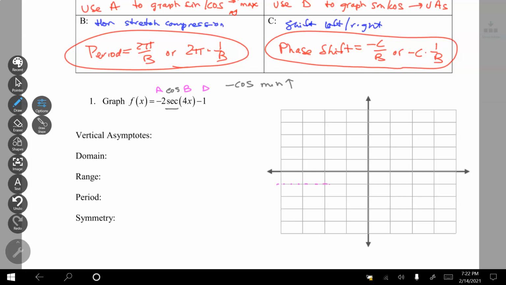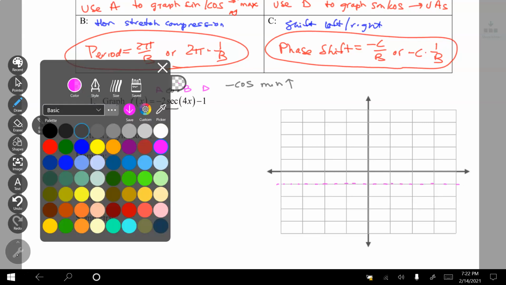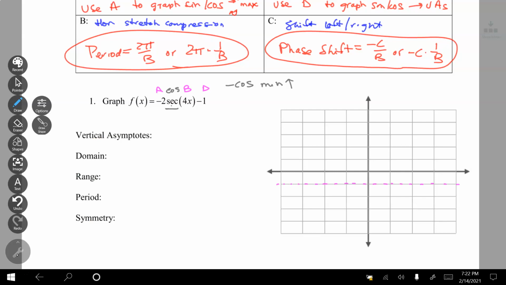I'm going to draw it very lightly. My amplitude is 2. So I'm going to go up 2 and down 2 from this. There's no phase shift, so my first point is going to be on the minimum right here.